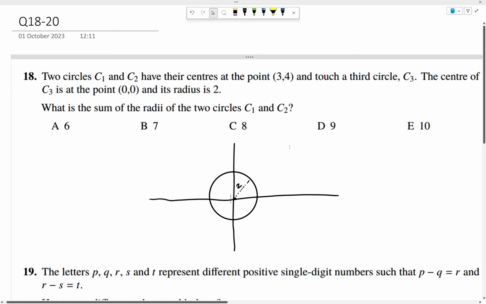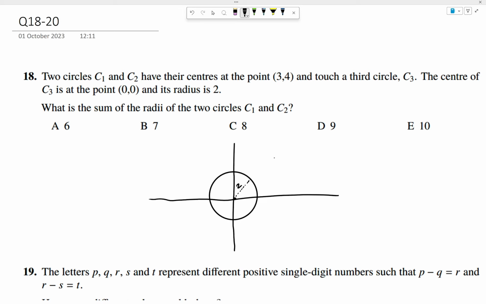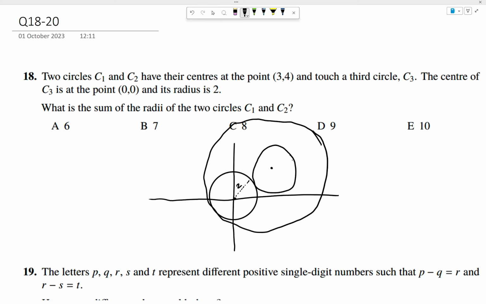So you might be wondering how that is possible, but one of them will touch the circle internally and one of them will touch it externally. So the circle touching it internally will look something like this, and then the circle touching externally will look like that. I mean, the scale isn't that important for this.